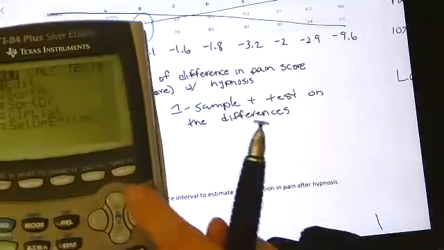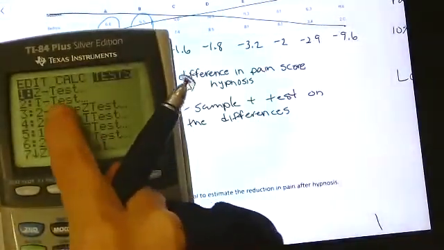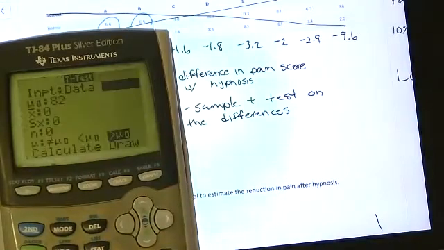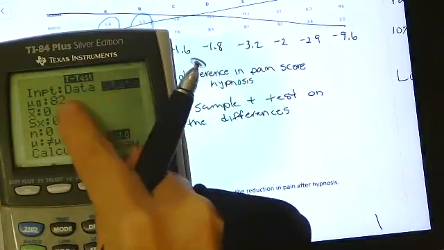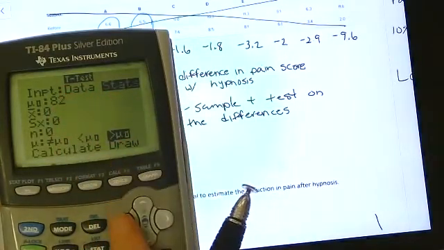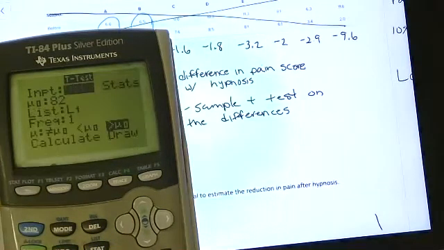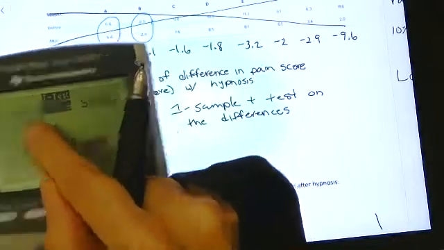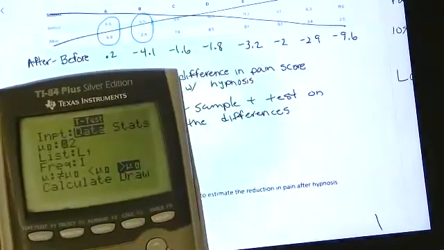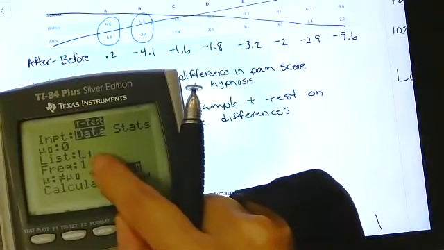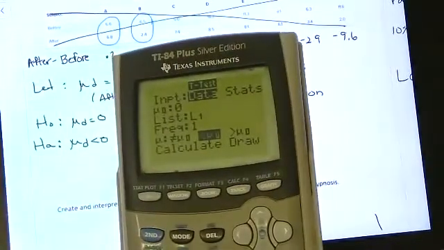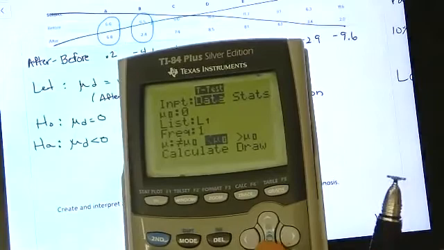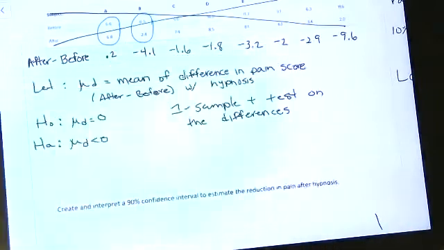Okay, so 1 sample t-test is just your regular 1 sample t-test. Right there, number 2, T-Test. Options. Is the data in the calculator or do you have to enter in all the stats by hand? The data is in my calculator, and if you were doing this on a test, the data would be in your calculator. So my null hypothesis is 0. My data is in list 1, and I am doing a less than test. My alternative says less than right there, so I choose less than, hit calculate.